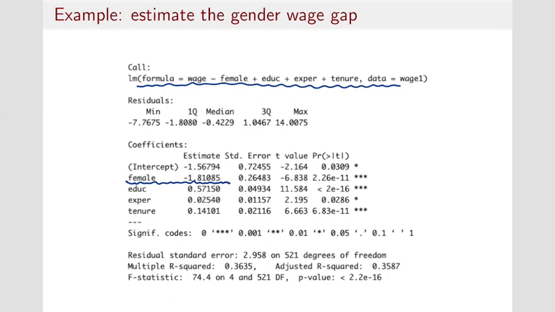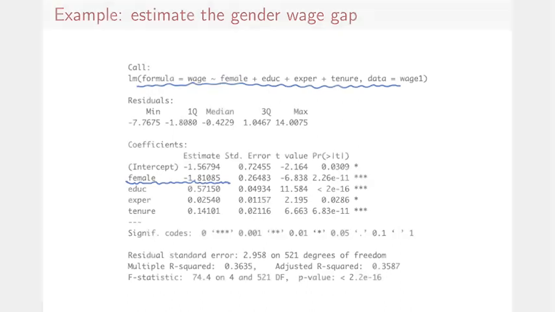Recall that these are the wages for 1976. Since we have already controlled for other factors like education, experience, and tenure, this 1.81 wage difference is purely due to gender or factors associated with gender that we have not controlled for in the regression. It's not because of other variables we've already included in the regression.